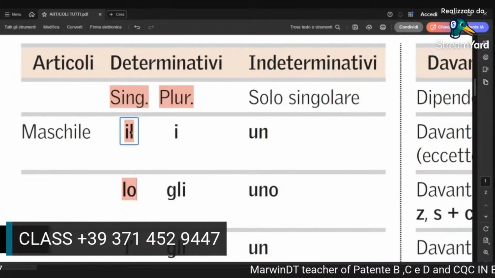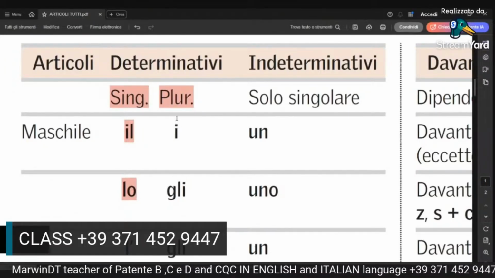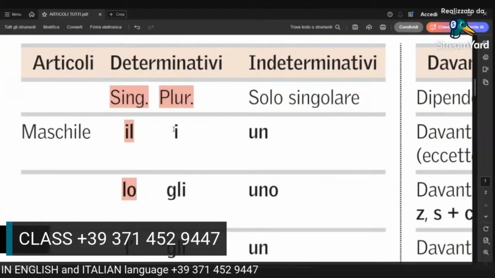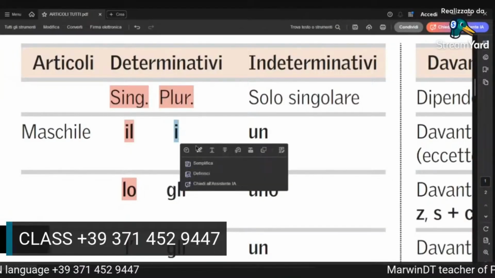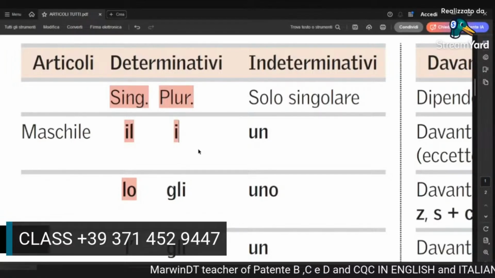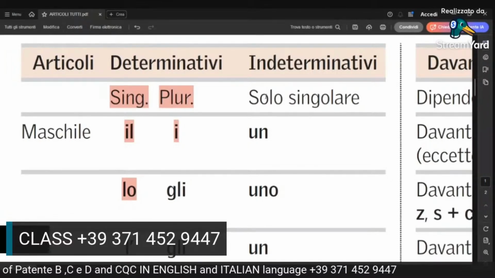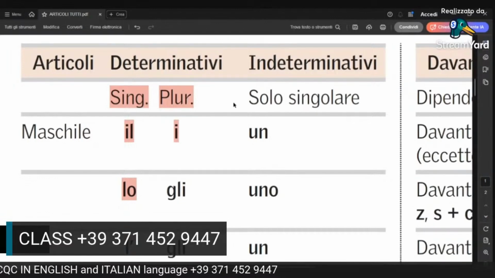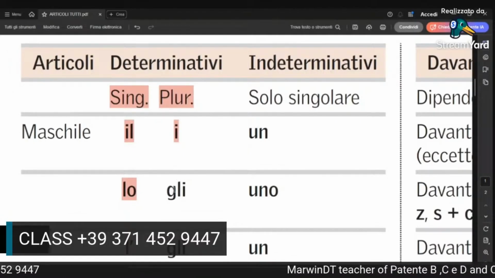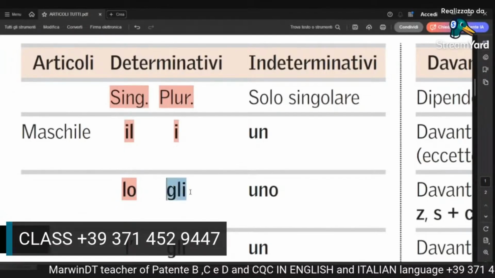And the plural masculine of articolo determinativo, which indicates a specific number or something that we know, the plural is i. Then, when we come to the articolo determinativo plural, the plural of lo is gli.